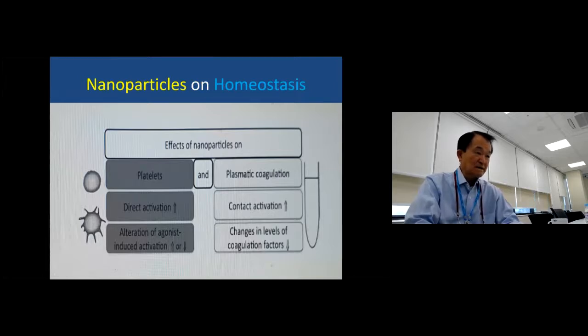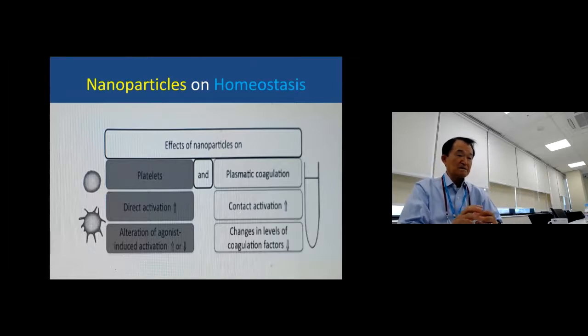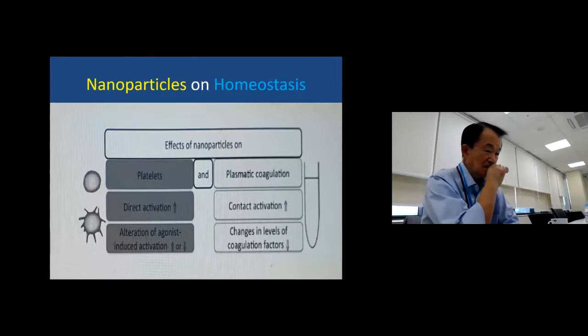So nanoparticles have been used to make some kind of therapeutic effect.